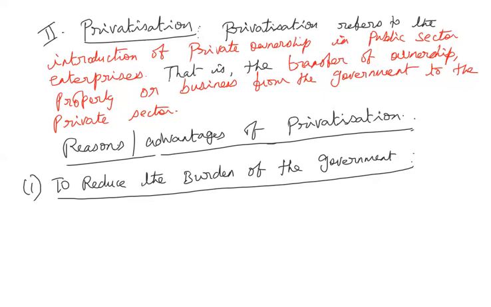So in order to reduce the burden of the government, if the part of the public sector enterprises which are non-strategic, we have seen, isn't it? If they are handed over to the private sector, then the burden of the government will reduce. So that is the first advantage.